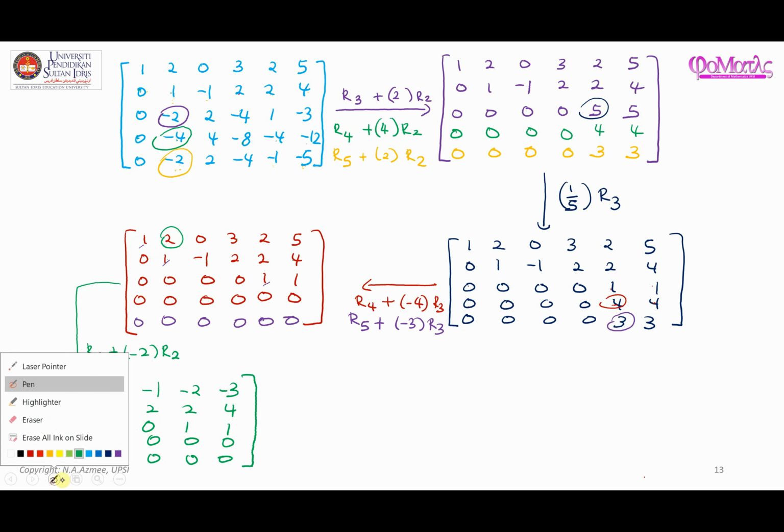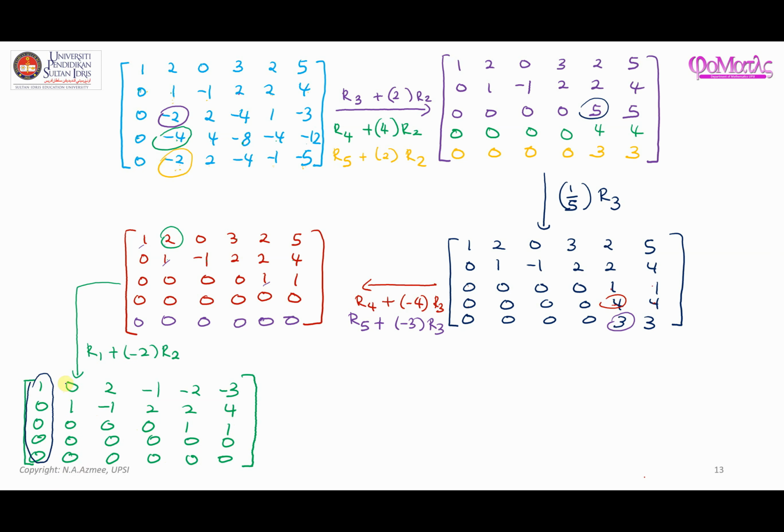Okay, so next, here you can see this is the first column, looking all right. This is the second column, and this is the leading one here. Therefore this part has to be changed to be equal to 0. So now we can consider R1 plus 2R3.